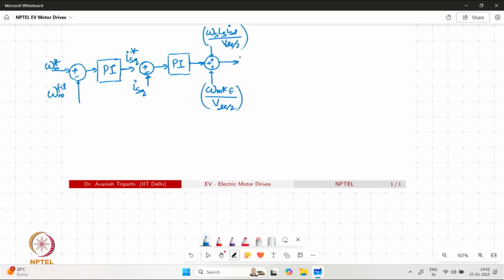The resultant signal is basically fed to the inverter. This can be called as VSQ star, and inverter is modeled as a gain with value VDC by 2.